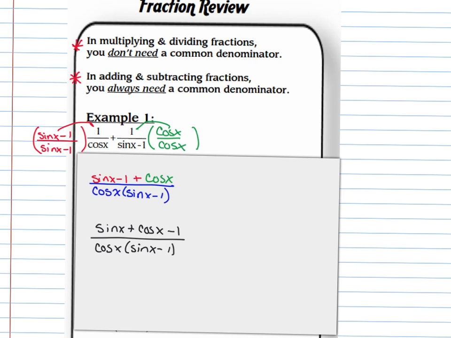Again, I want to point out that you cannot cancel this cosine of x with that one because of that plus sign. All of this is stuck together. The only way I could do that is if I factor out a cosine from every single piece, and then I could cancel it out. So this is my simplified form. We're not verifying yet, but we are going to move on to that in the next couple of slides, I think.